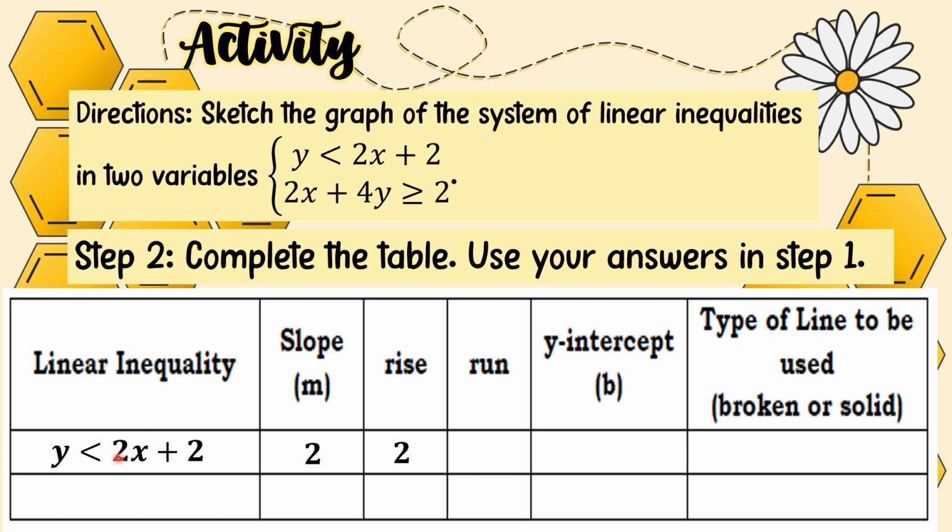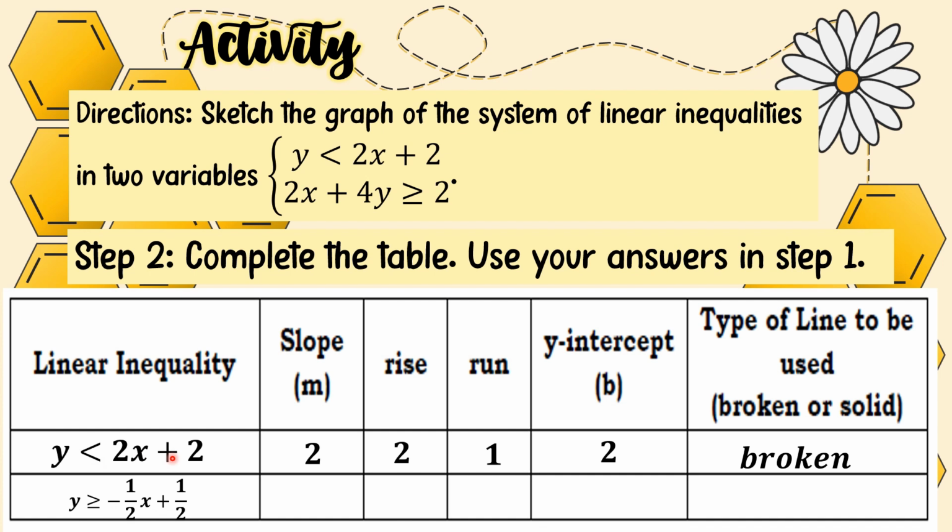Since our m is our rise over run, you remember that any whole number has a denominator of 1. Since we have a whole number 2 here, our run is automatically 1. Since 2 divided by 1, the answer is 2. And our y-intercept is the last number or the constant, which is the b, and that is 2. The type of line to be used is a broken line since we are going to use the symbol less than. So that is broken.